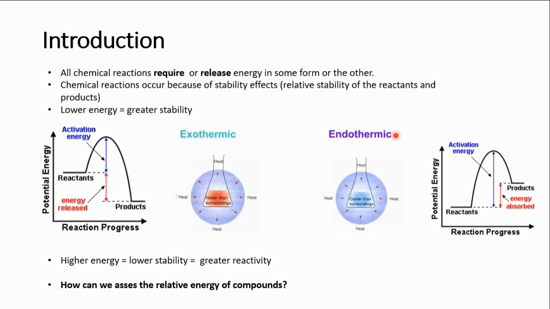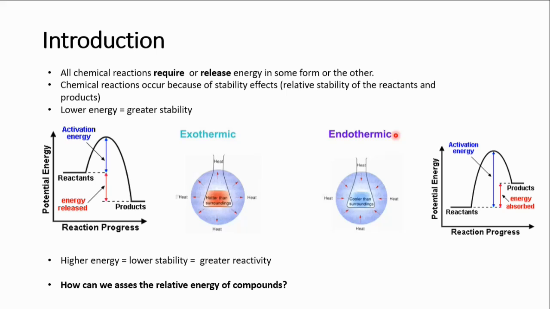When we say that a reaction is exothermic or endothermic, we're talking about the net or overall process, meaning that more energy is released than that which is absorbed during an exothermic reaction. And so we say overall energy is released. In an endothermic reaction, more energy is absorbed than that which is released. And that's why we say the reaction is net endothermic.